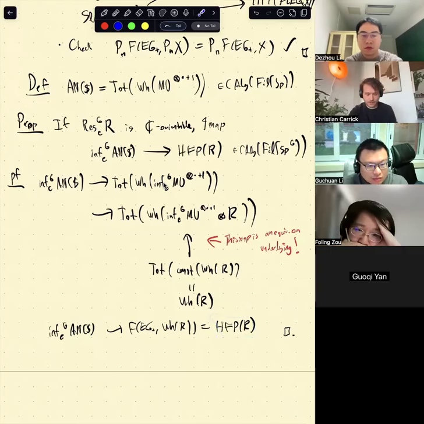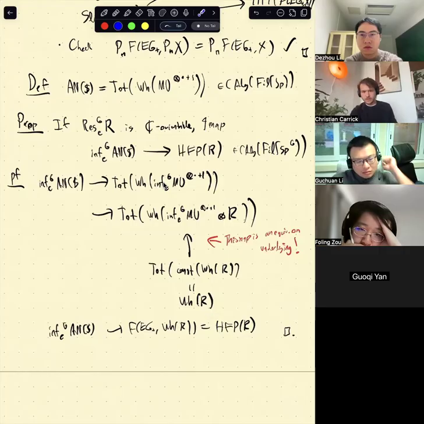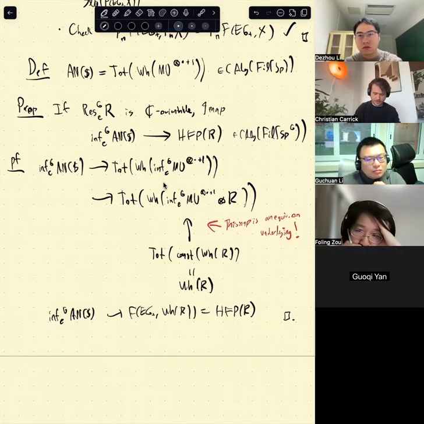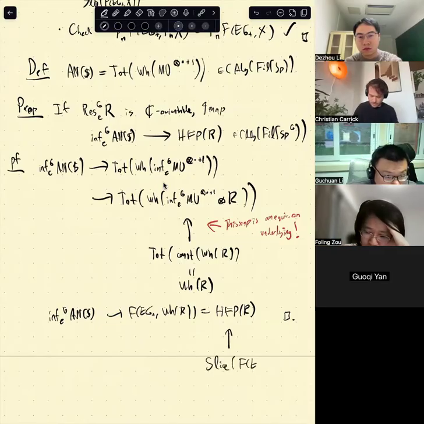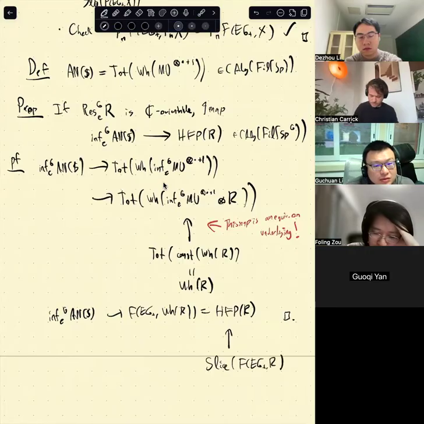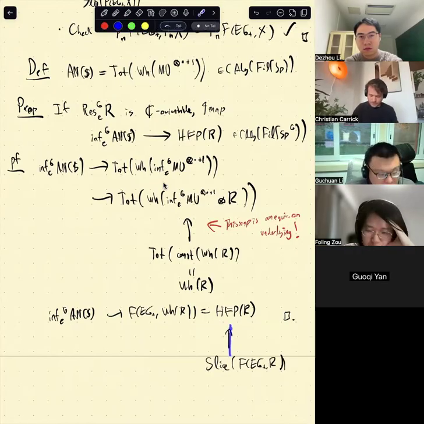Okay, but I'm interested in mapping to the slice. And that's the whole point of introducing this t-structure, because now we have a map from the Adams-Novikov to the homotopy fixed points. And there's a map I discussed earlier from the slice of this, which is the connective cover.